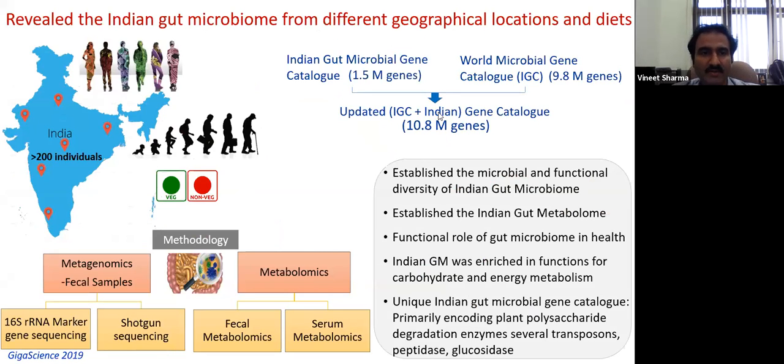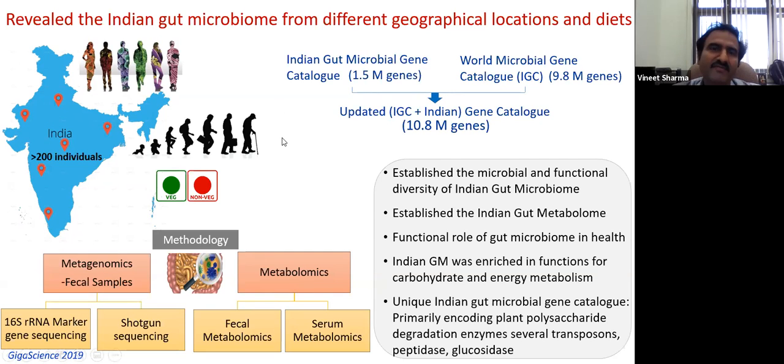Coming to the human gut microbiome, we have taken samples from all over India. Not exactly all over India: the published study is from 6 places, but others are in progress. India shows a lot of variation in food, dietary habits, and geographical locations in terms of water and climate.